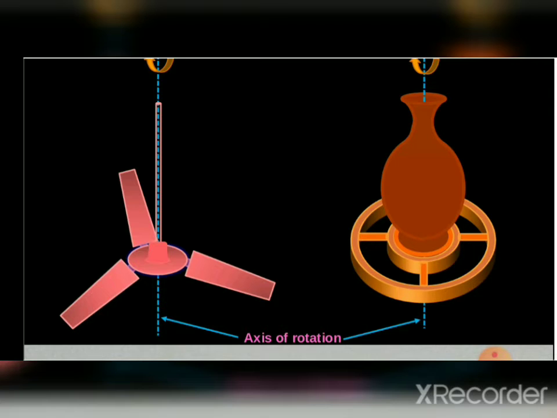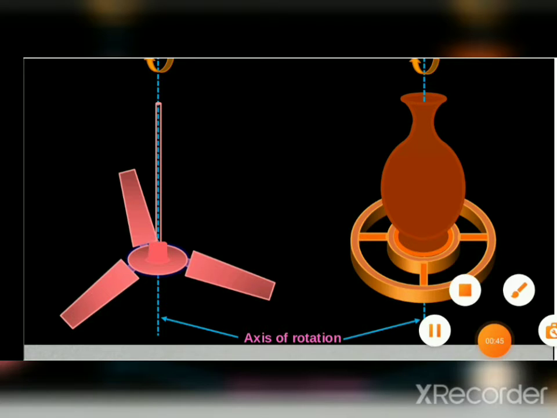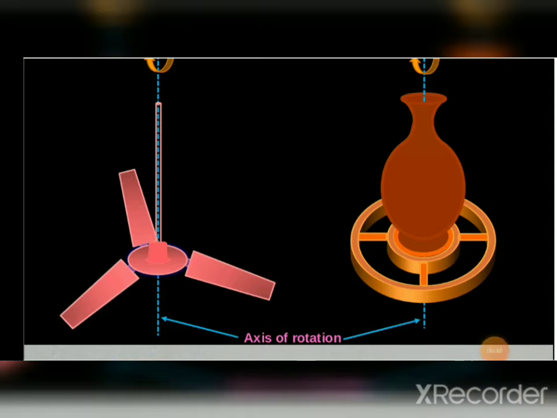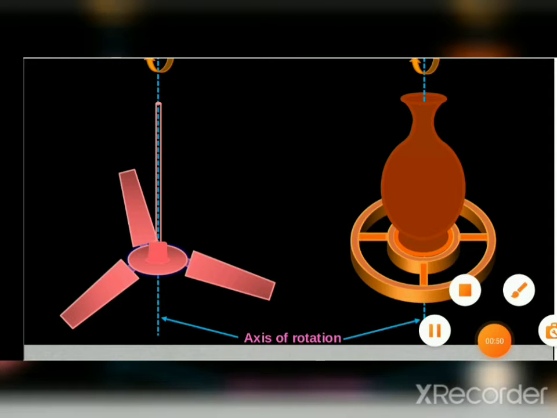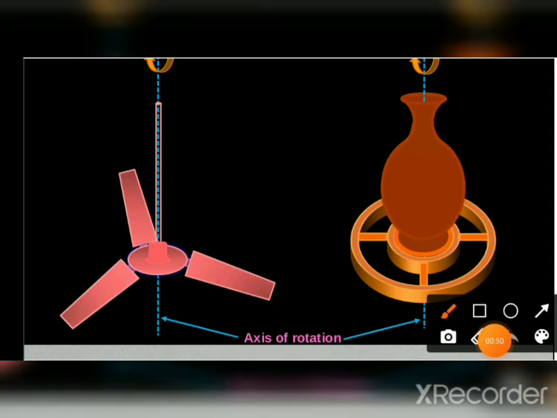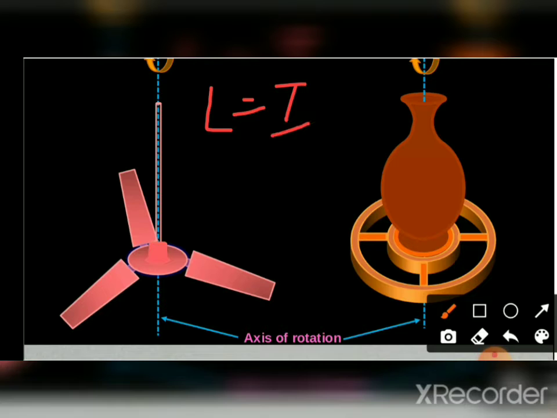Here you have to remember the other thing, which is the angular momentum of a rigid body. So what is angular momentum? Suppose L is your angular momentum, so L is I omega.